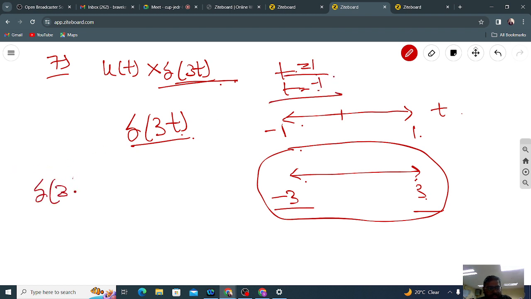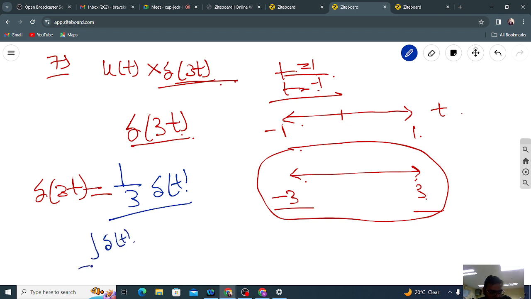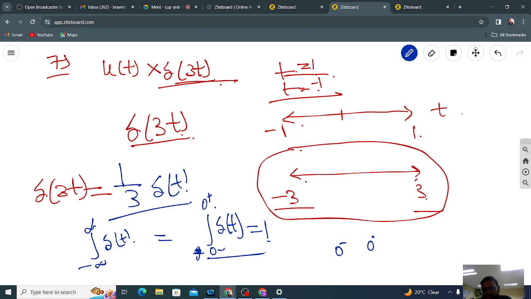So if you see the scaling property of del function, del of 3t is equivalent to 1 by 3 of del t. This is because of the property of del t: from minus infinity to infinity, it mainly happens at the 0 minus to 0 plus values, and the integral of del t equals 1. So del t has the value in a very small region, 0 minus to 0 plus.